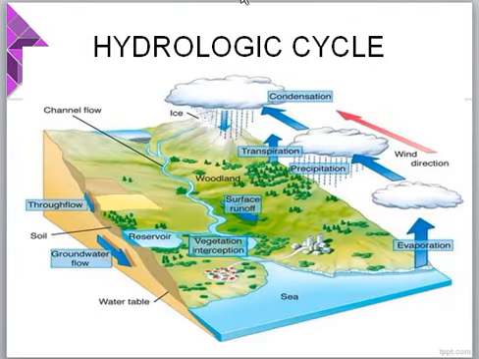Next cycle is the hydrologic cycle, also known as the water cycle. The hydrologic cycle is a complex cycle which provides a renewable supply of purified water for use by terrestrial organisms, including humans. Water is said to be very important to maintain life.